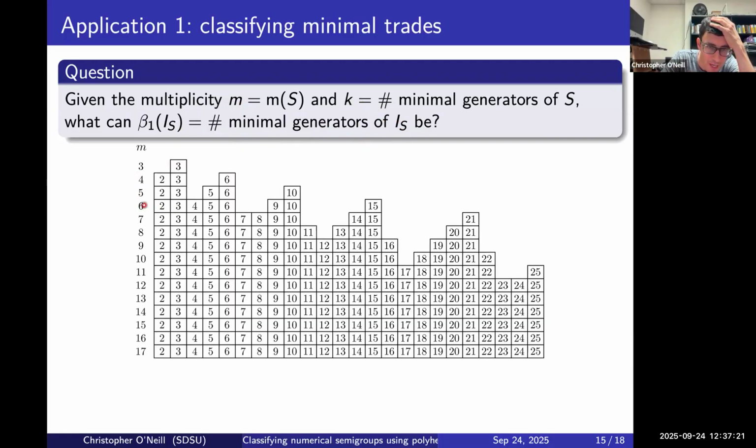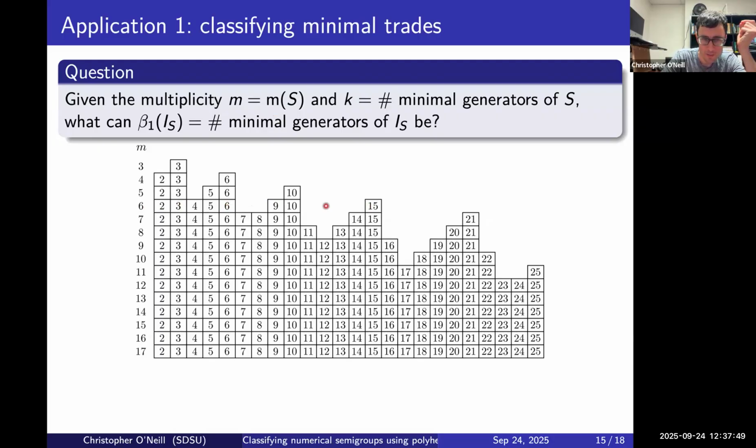Each entry in a box here is a possible number of minimal toric generators. So if m is 6, the toric ideal corresponding to S can have exactly 6 minimal generators, exactly 9 toric generators, but it cannot have exactly 7 or exactly 8 if m is exactly 6.